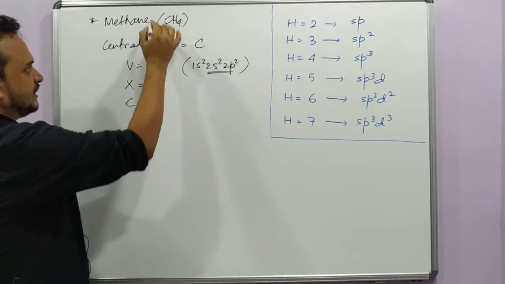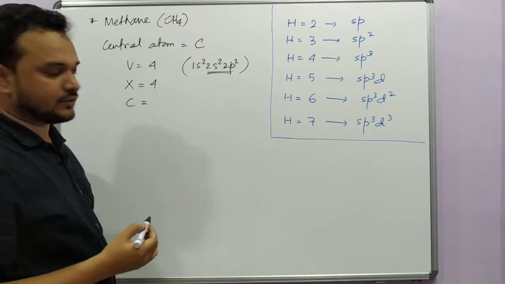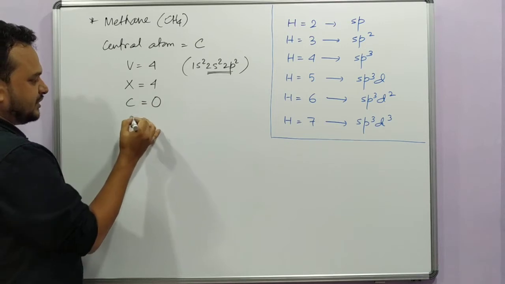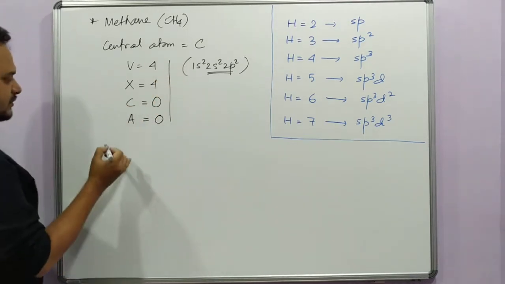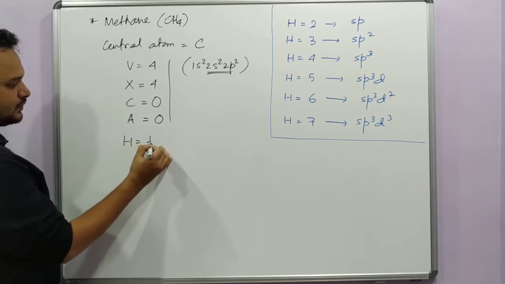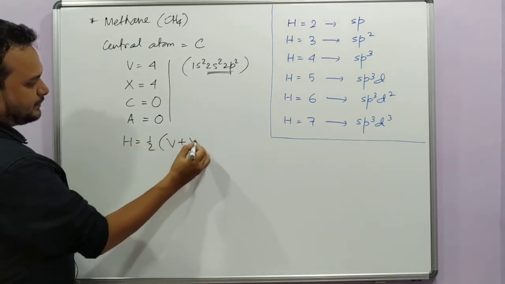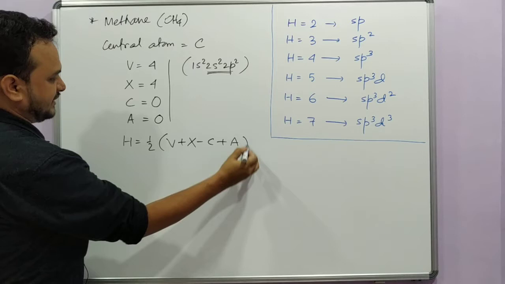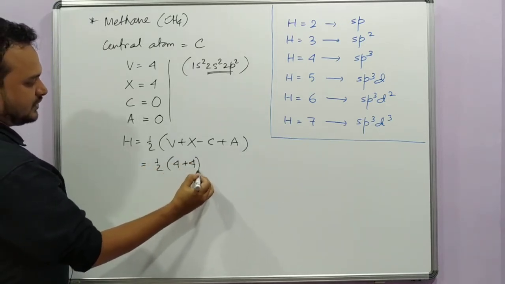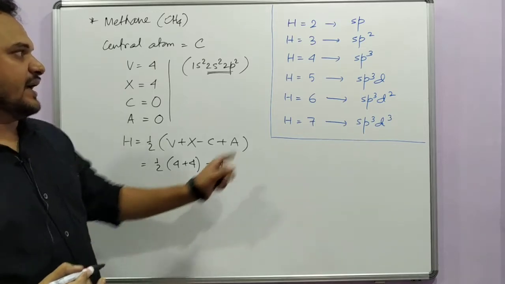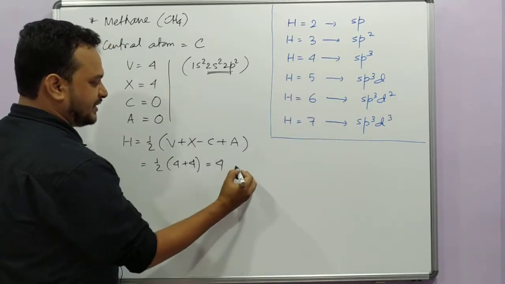Now the positive charge: the species methane is a neutral molecule, so there is no positive charge, no negative charge overall. Now put in the formula H equals half into V plus X minus C plus A. So it is half into 4 plus 4, that gives you 4, and H equals 4 means sp3.